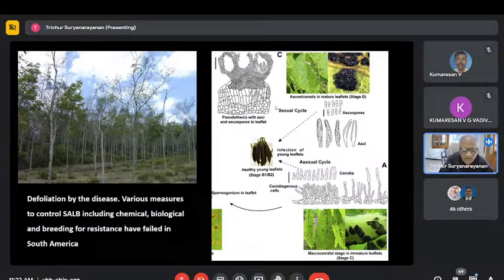Therefore, it can be commercially used. Second, the rubber tree is native to the Amazon region. It is not found anywhere else in the world, so people have to depend on the Amazon zone for getting the rubber. Third, the tree has to be at a particular maturity stage to get the latex.